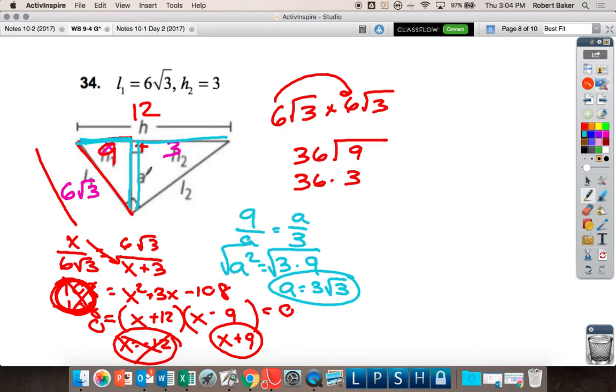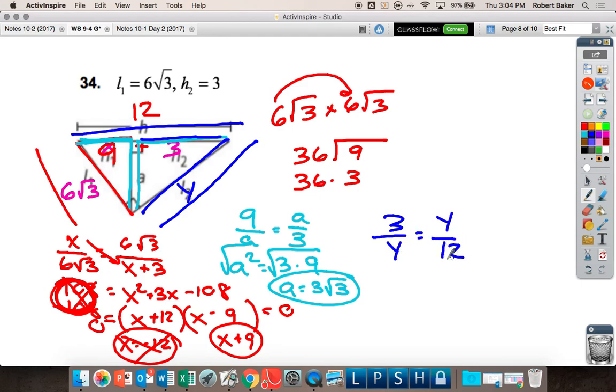Then I gotta solve for L2. I'm gonna call that y. You do 3 over y equals y over 12.